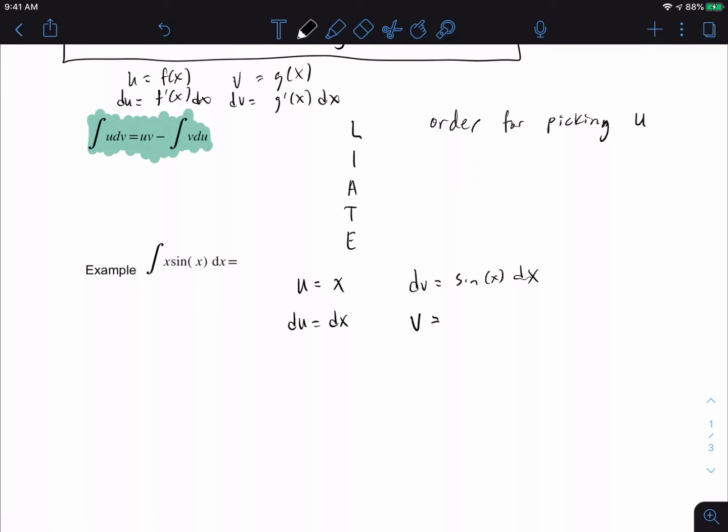That's right. It should be negative cosine of x. So on this side, this is the derivative, and this is the integral.